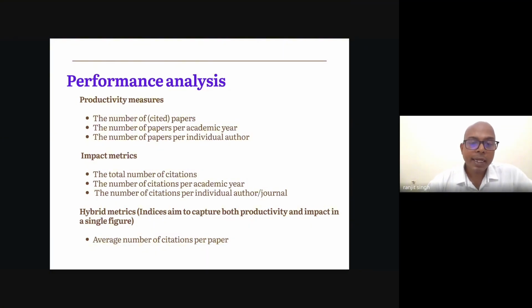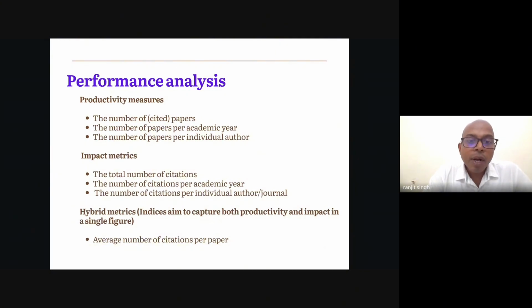So these are called the impact. Next is hybrid metrics. The hybrid metrics combine both the productivity measure as well as the impact metrics. For example, the indices aim to capture both productivity and impact in a single figure, such as the average number of citations per year. This is an example of a hybrid metric, because both citations as well as the number of papers are there.